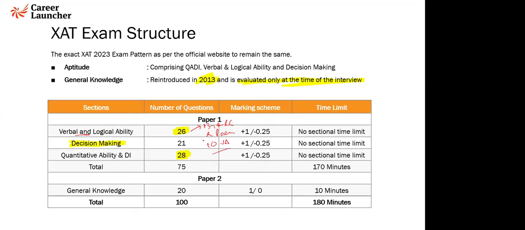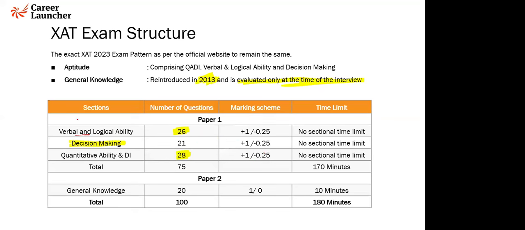And this is where the challenge lies, because most of the time the passages in XAT are slightly more dense and difficult to understand as compared to CAT, though they'll be shorter. If in CAT the average length of the passage was about 500 words, these are going to be 300, 350 word passages, but the denseness of the passage will be higher.